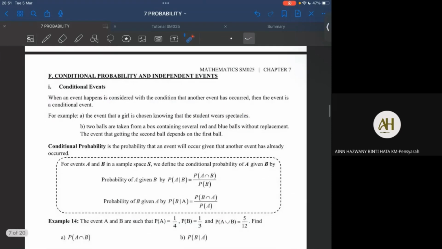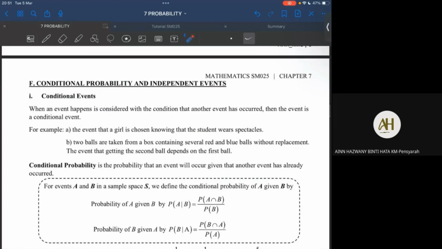So now moving on. We look at conditional probability and also independent events. Let's look at independent events first. Okay, never mind, let's look at conditional first.